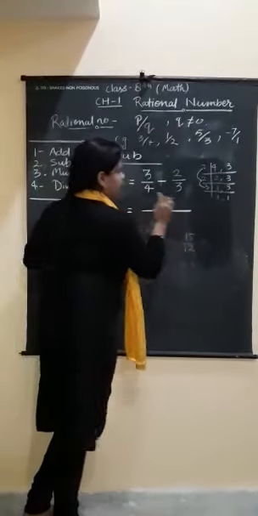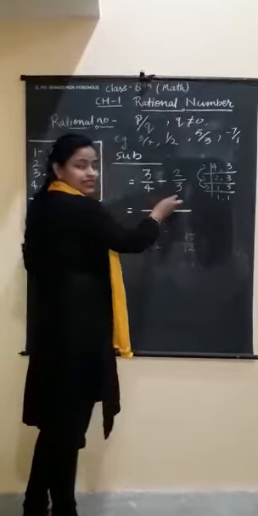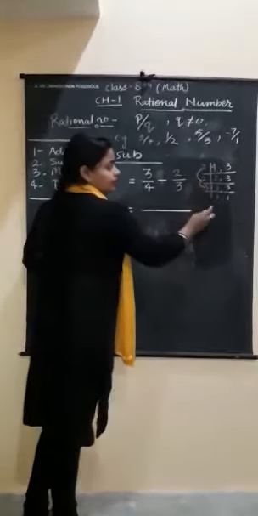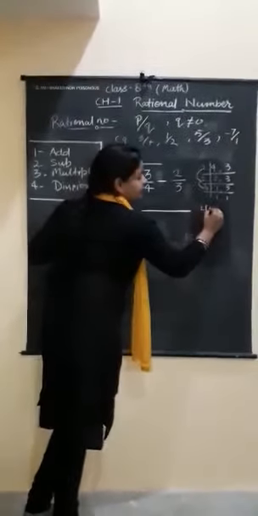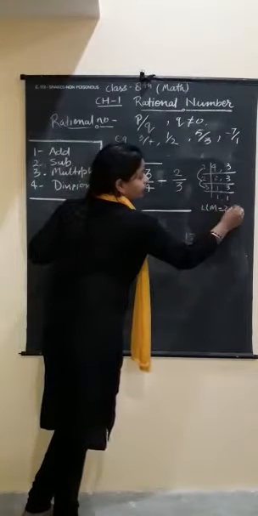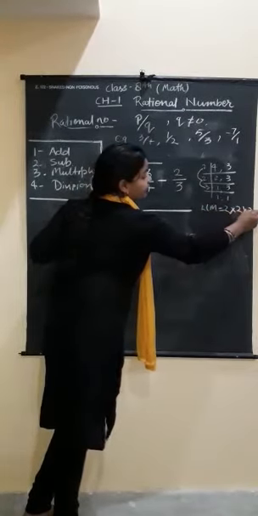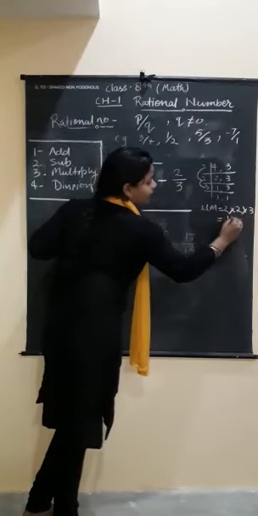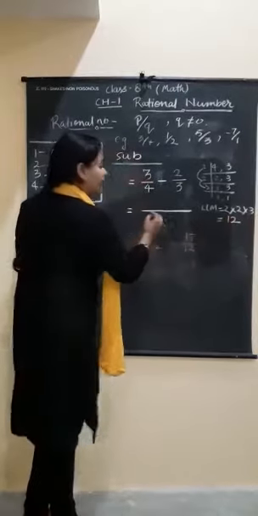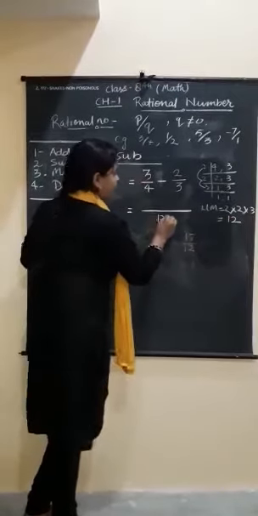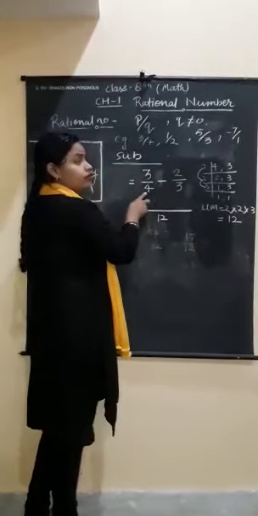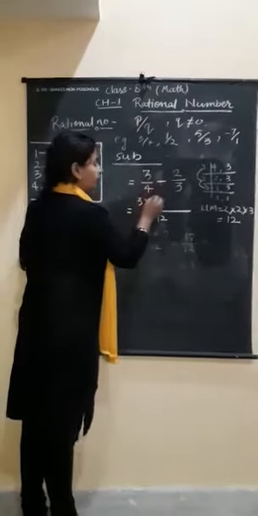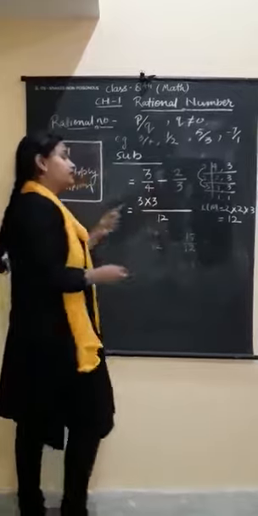Take the LCM of 4 and 3. We get 2 multiplied by 2 multiplied by 3. 2 twos are 4, 4 threes are 12. The LCM is 12. 12 divided by 4 gives 3 multiplied by 3. Here the sign is minus.